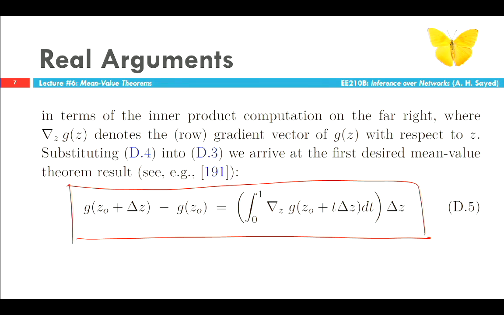Now, this is for the function. I can find a similar relation for the gradient of the function, because you see, this is the function, scalar valued. The function is real valued, right? If I compute its gradient relative to z, that gradient will be a vector. Let's say gradient relative to z transpose will be a vector. Each entry of this vector is a function, right? So for each entry of that vector, I can apply a relation like this.